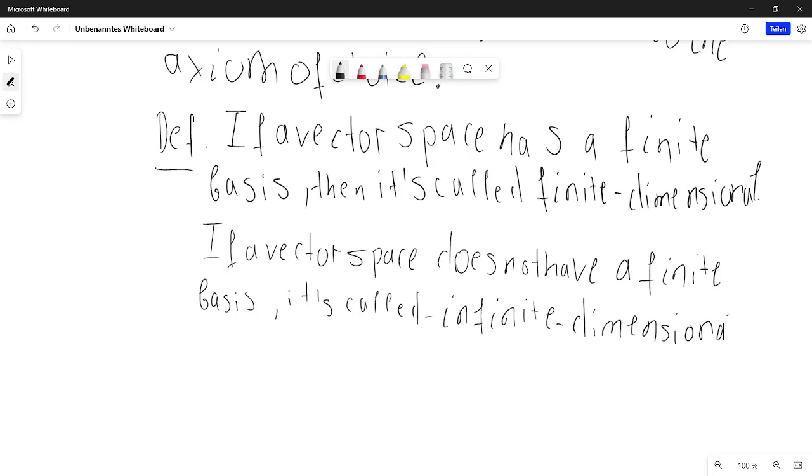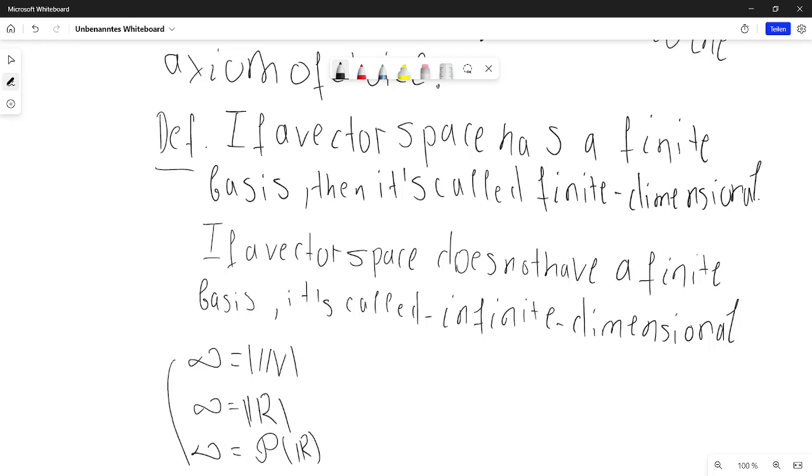And this infinity is not necessarily this infinity, but it could also be this infinity. And this infinity is larger in some certain sense. There is no bijection. It could be this infinity, that's the power set and so on, right?